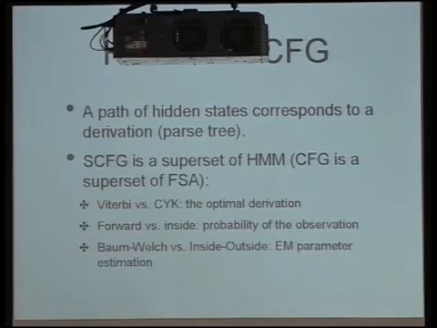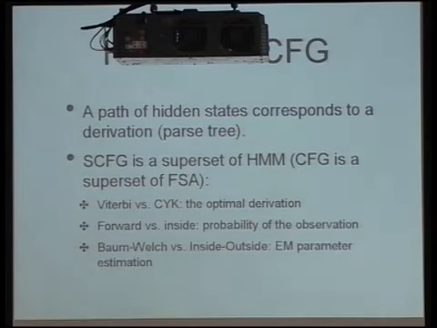Actually, stochastic context-free grammar is an extension to the hidden Markov model, which means all the things that can be modeled by HMM can also be modeled by SCFG. The algorithms between the two models are also similar. For example, you can use the CYK algorithm to find the optimum derivation, and the inside algorithm to calculate the probability of the observation.